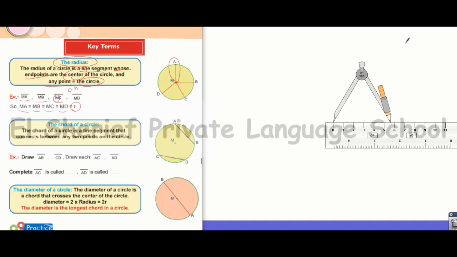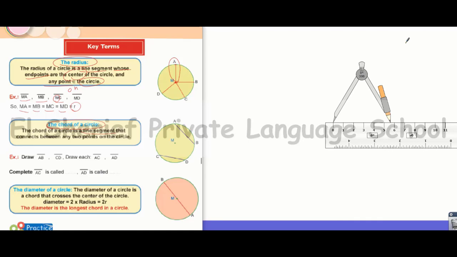Then the next word, the chord. The chord of a circle. What's the meaning of chord? The chord is also a line segment, but it joins between 2 points on the circle. Any 2 points on the circle, we can join between them, and that gives me the chord.